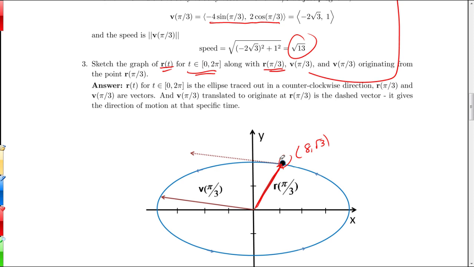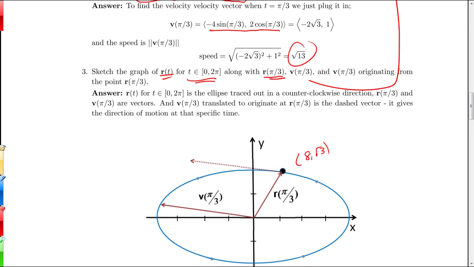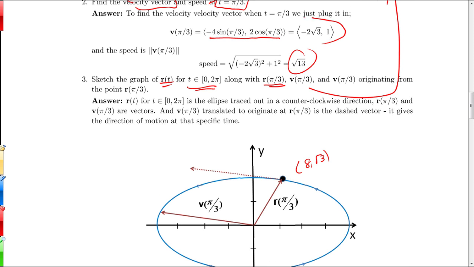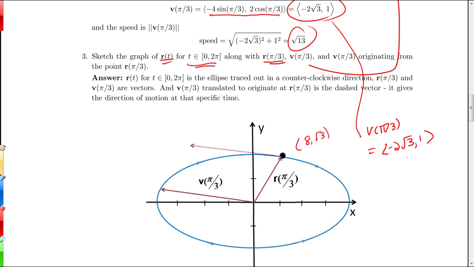And so whenever I did the velocity, v of pi over 3, that was this right here. So v of pi over 3 equals negative 2 root 3 comma 1. And if I sketch that down here, that's going to be negative 2 root 3. Now that's just a little bigger than 1, so I'm pretty close to 4.